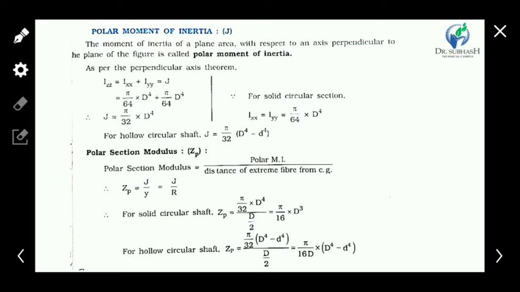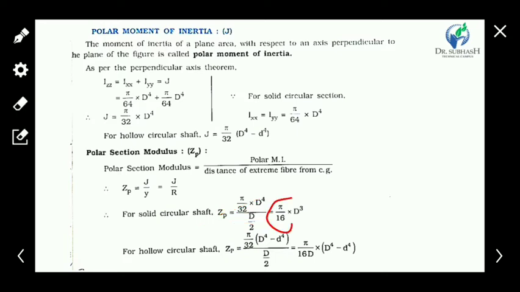So what is the polar section modulus for a solid and hollow shaft? Put the value of J, pi by 32 into d raised to 4, and the radius is d by 2, so d cancels, d raised to 3, and 2 cancels out, so 16 remains.